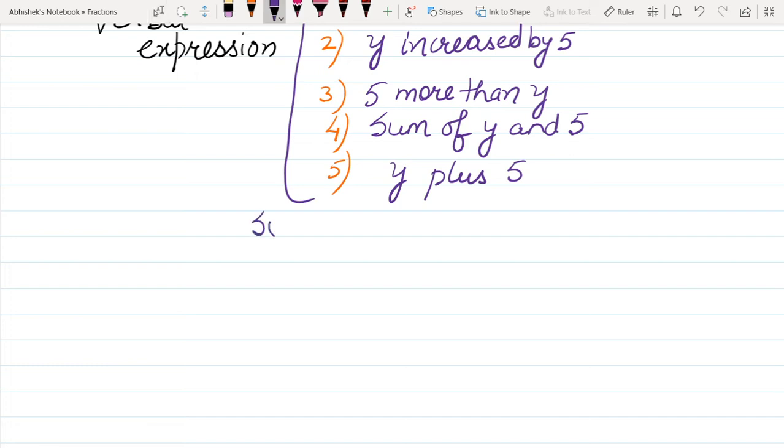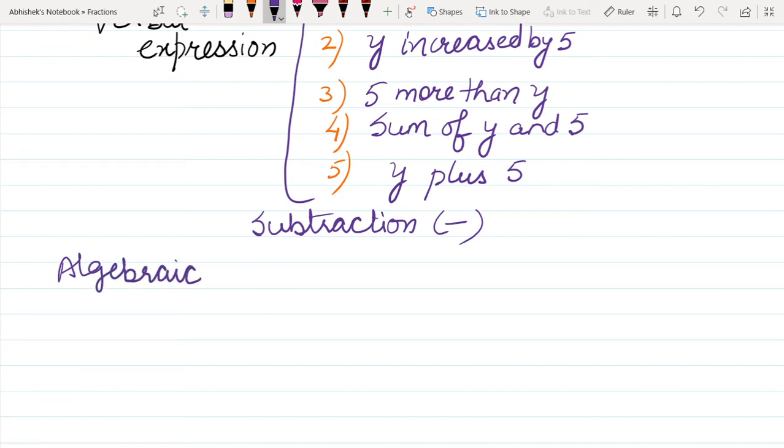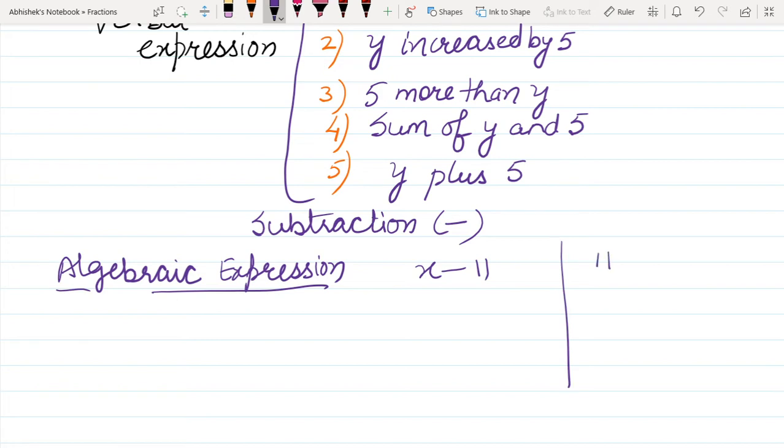Next is subtraction. How will we use the subtraction symbol in an algebraic expression? Suppose the algebraic expression is x minus 11, or 11 minus x. So what will be its verbal expression?